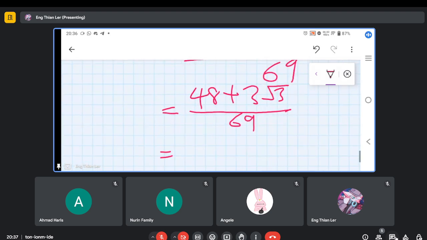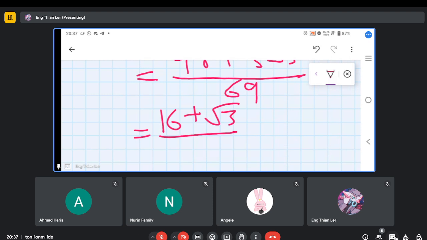We need to simplify by dividing everything by 3. So 48 divided by 3 is 16, plus sub 3 over 69 divided by 3 is 23. And that's the answer.